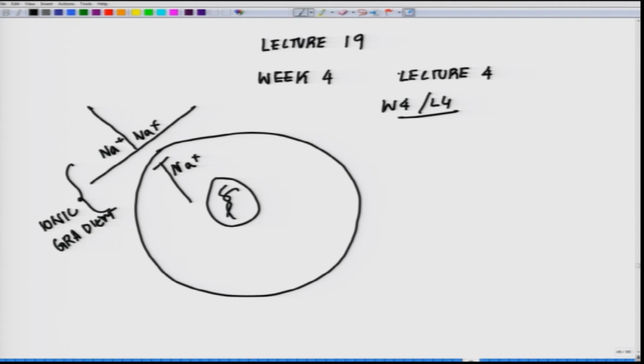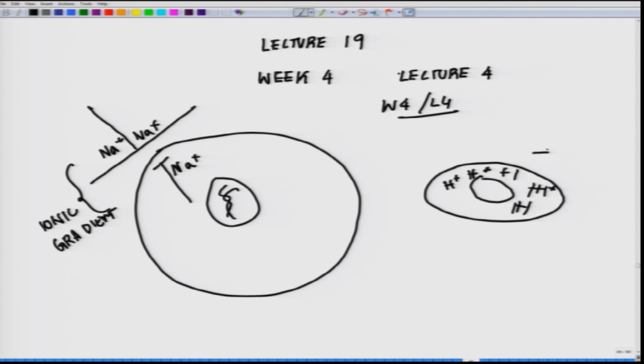Similarly, just for a hypothetical situation, if I have a lot of protons on the inside as compared to protons outside, what will happen? There will be a proton gradient, something like this.